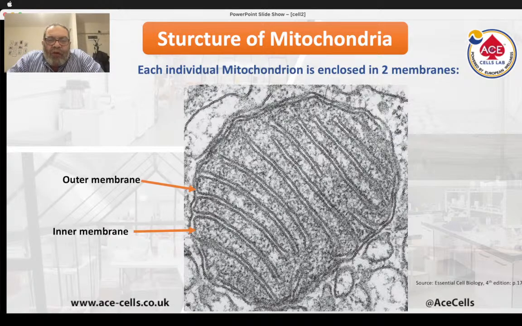So the mitochondria is a solid structure formed of two membranes. The inner membrane folds on itself inside the mitochondria, forming what we see and call cristae. And on these cristae, the different operations, the different functions of the mitochondria are performed.